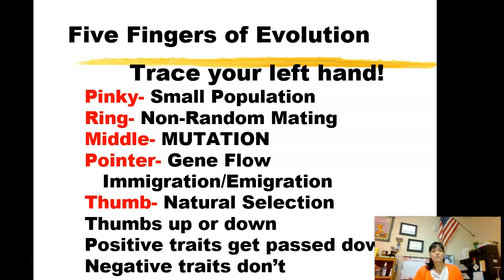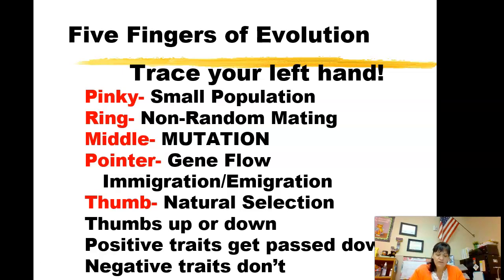Okay, the next one, the ring finger, was for non-random mating. So I always go ahead and just put in a little ring there, with a little diamond, make it shine. Okay, so the ring, non-random mating, right up above it, non-random. So this means you have a choice in who you are mating with.